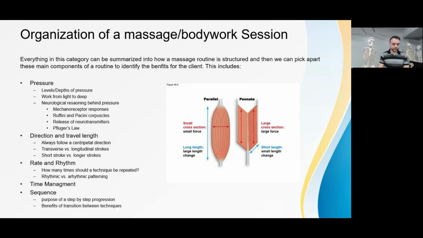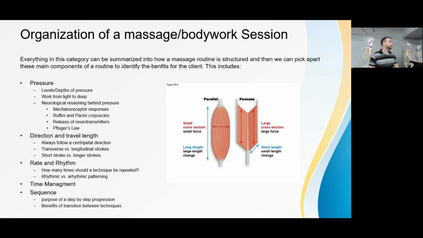Now, longitudinal strokes, you may think pretty straightforward. If I go along the grain, I'm helping to promote the lengthening of the tissues in and of themselves. There are some super intricate finite details, and there are probably various opinions and science to it, but that's what my general research has come to indicate based off of these two direction types we could take in regards to muscle fiber direction.